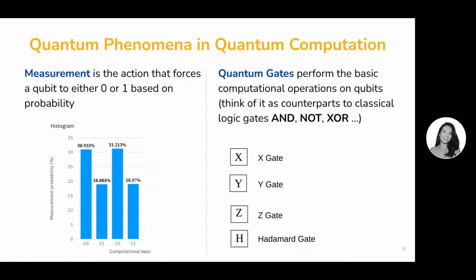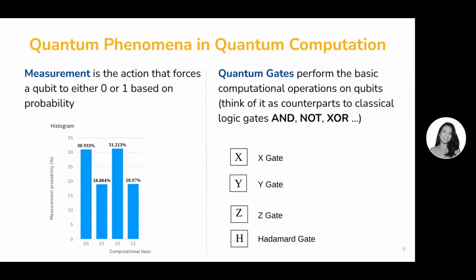So, how can we operate on qubits? Since we are still at the very early stages of the technology development, this means that we are still learning how to operate on qubits, and we are still operating on them using gates.